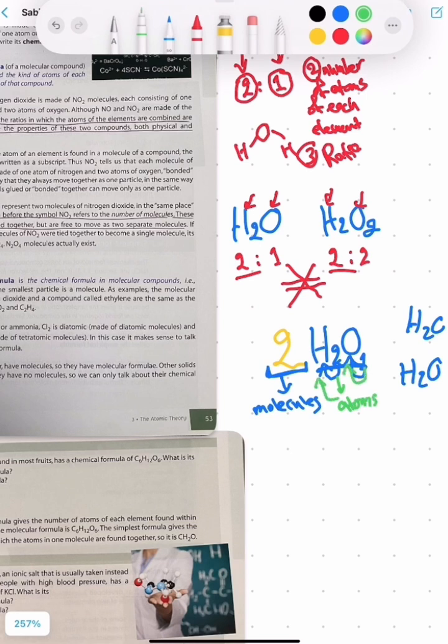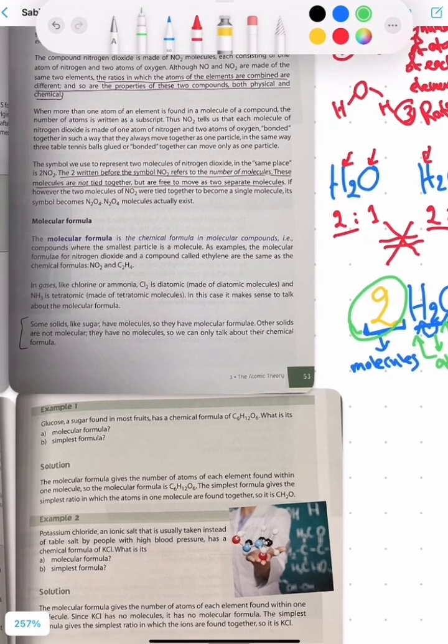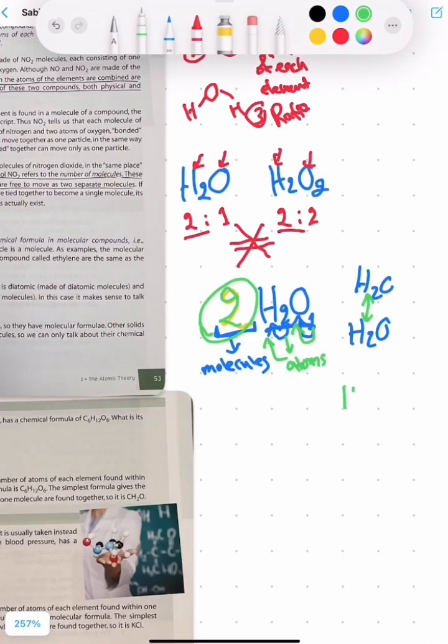Okay? So the big number is the number of molecules, the small lowercase numbers are the number of atoms. You cannot say H4O2. No, we have 2 molecules of H2O separately, not bonded together. But in each one of them, hydrogen is bonded to oxygen. So we have oxygen and 2 hydrogens bonded to it.